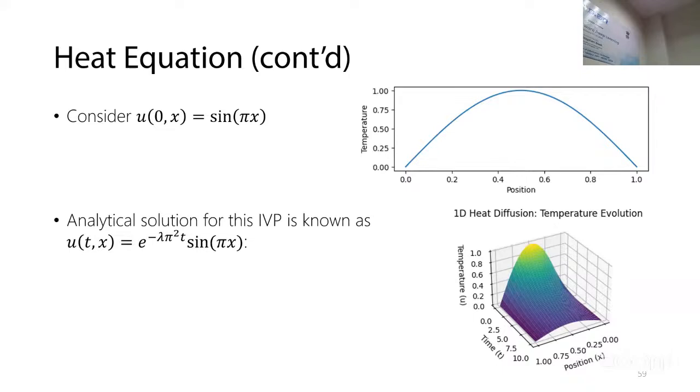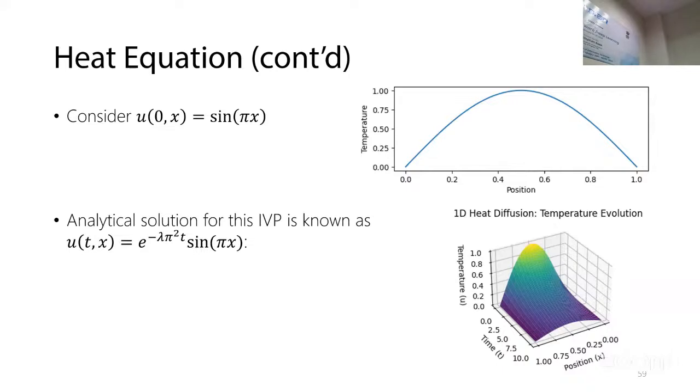No matter how crazy your initial condition is, the solution is going to be the exponential part times that crazy function describing your initial condition. That's one of the really nice properties of the heat equation. And this is kind of a preview of tomorrow's lecture, actually.